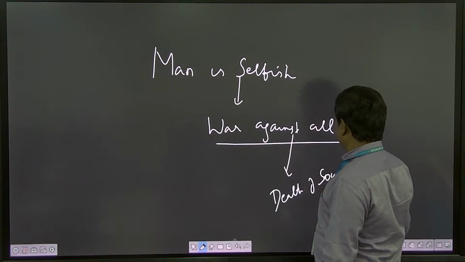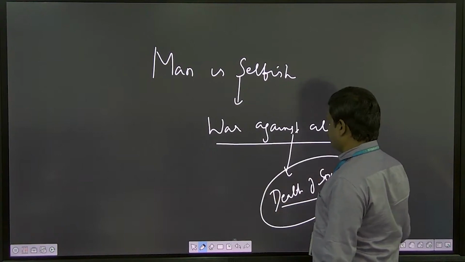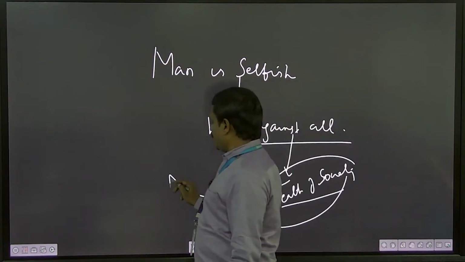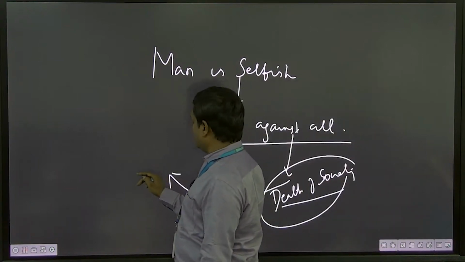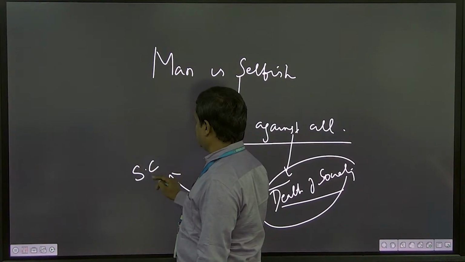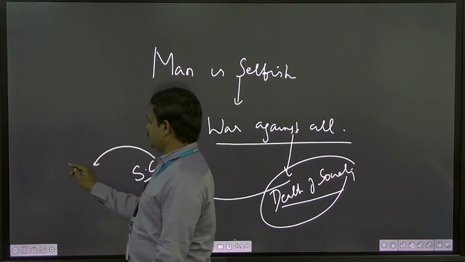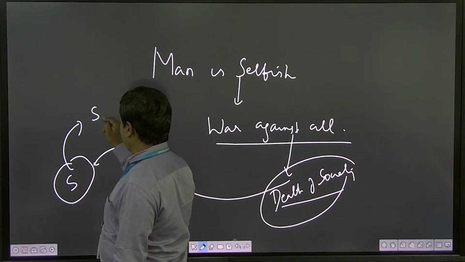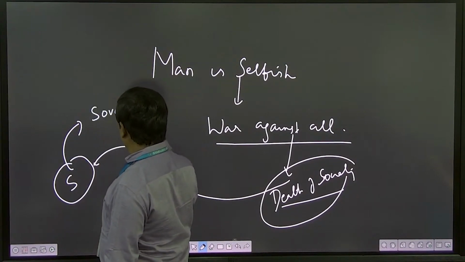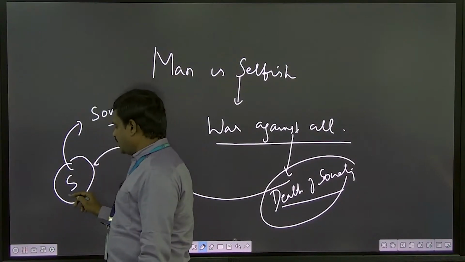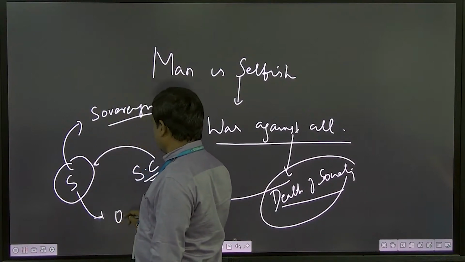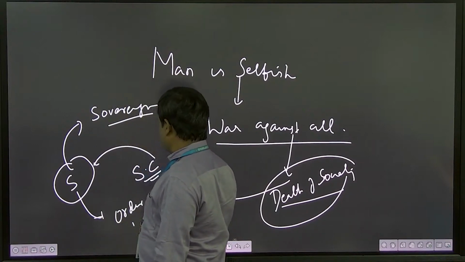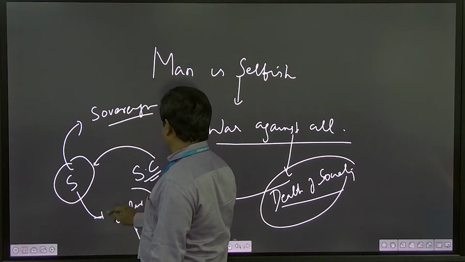Society will cease. Now to avoid the death of the society, what you should do? All people will have to enter into an agreement, and that is called a social contract. Through that agreement, they will create a state, and state will be all powerful, state will be sovereign. So they will listen to what state says, and that will bring order, that will bring peace in the society.